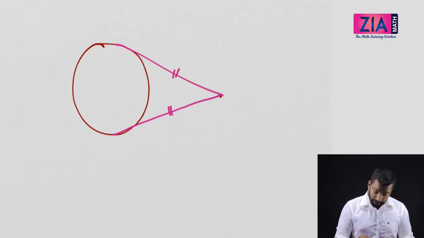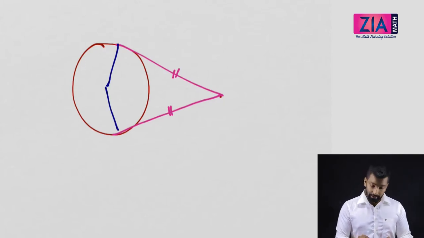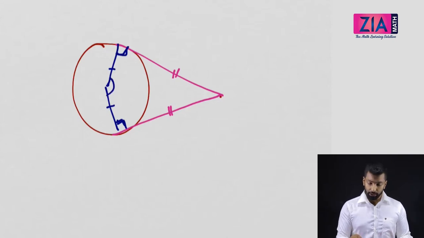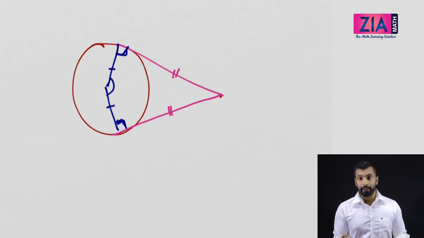Now if you combine it with the radii, this will be 90, this will be 90, and these two are nothing but the radius, so these are equal. So what you will get is actually a kite. And kite is a quadrilateral, right? If you add all the angles, you'll get 360 degrees. Out of that, this is 90 and this is 90. So these two we can find easily, right?